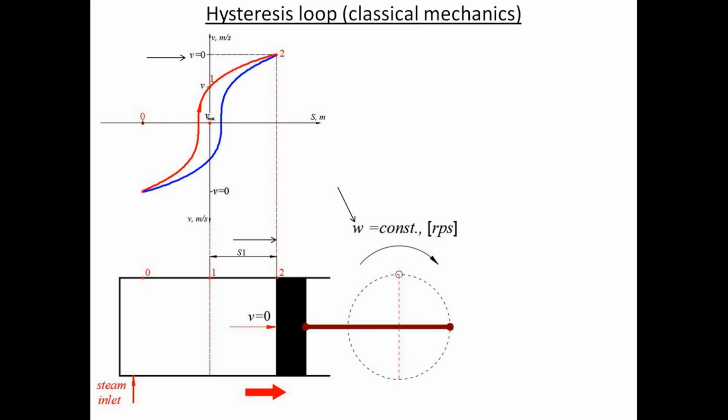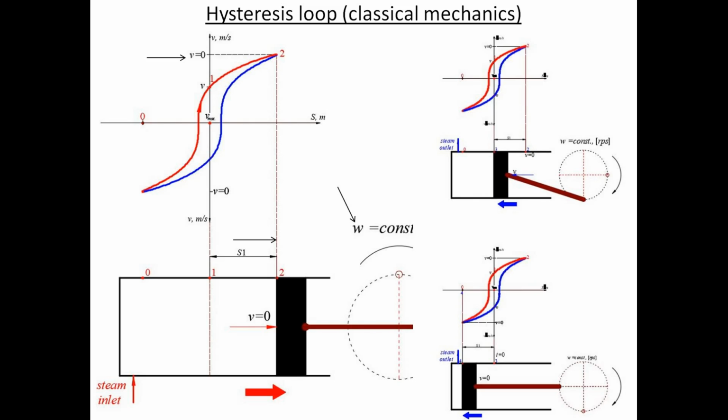Full stroke of piston movement is from standing point, velocity equals 0, till velocity 0 again. Same path and same values of velocity tendencies hold when piston moves in the left direction, and the full circle of the periodic function is closed and the process starts again with steam inlet.